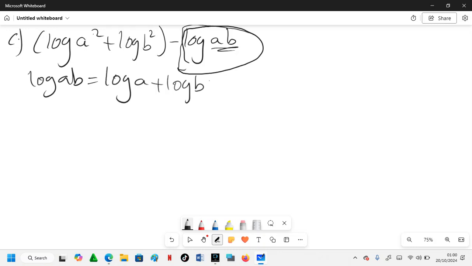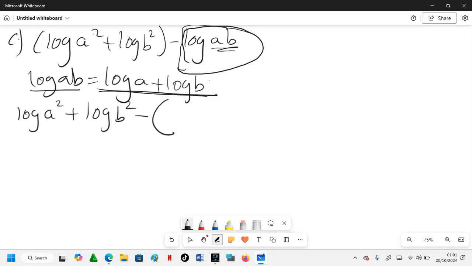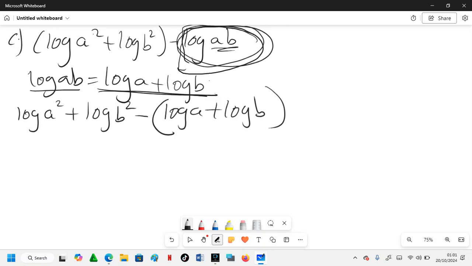So I'm just going to rewrite this equation, replacing log AB with log A plus log B. So we have log A squared plus log B squared minus, and I'm putting that bracket because I'm leaving the minus outside, so that one is log A plus log B, and this negative is going to affect everything inside the bracket.